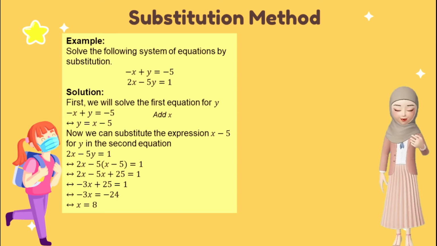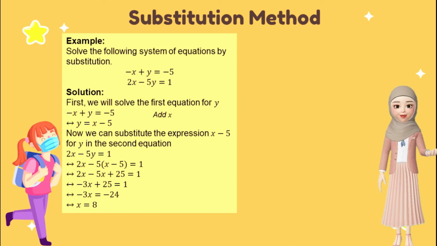Now, we can substitute the expression x minus 5 for y in the second equation. We write the equation again: 2x minus 5y equals 1. 2x minus 5(x minus 5) equals 1. With the distributive property, we get 2x minus 5x plus 25 equals 1.